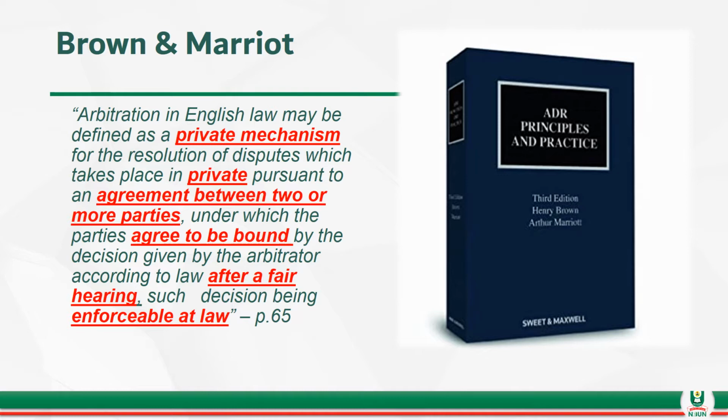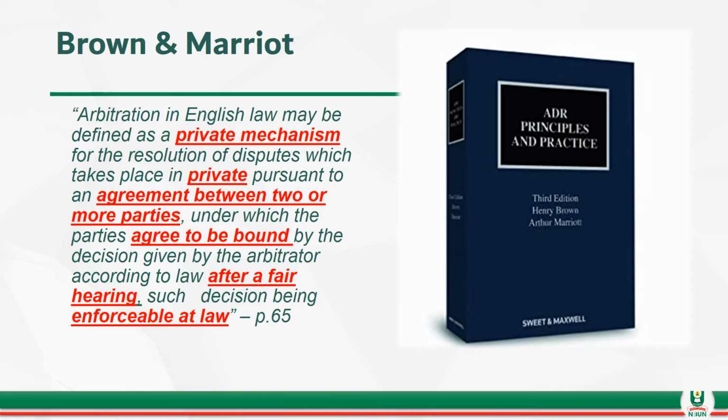And they state from the very beginning in their definition that it is with reference to English law. So other jurisdictions may have other definitions. That's fine. But as long as it applies to English law, their definition becomes relevant. And you know, of course, that we have a lot to do with English law. That is why this definition is also relevant to us.